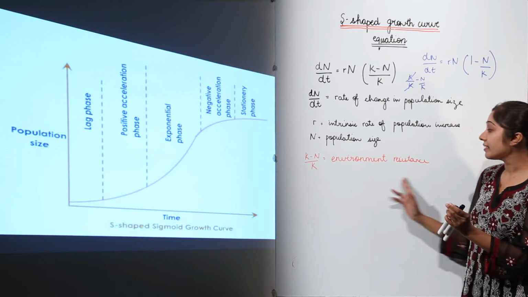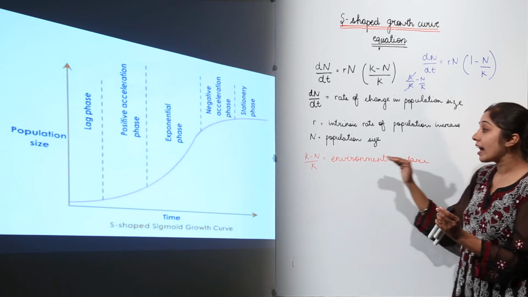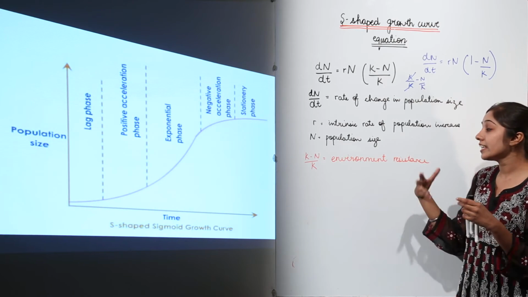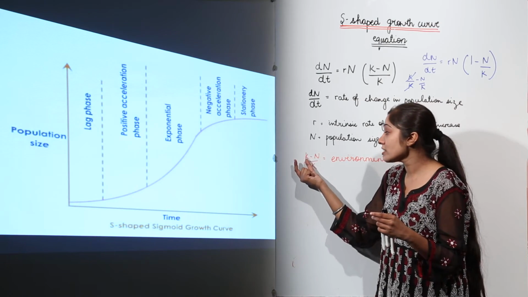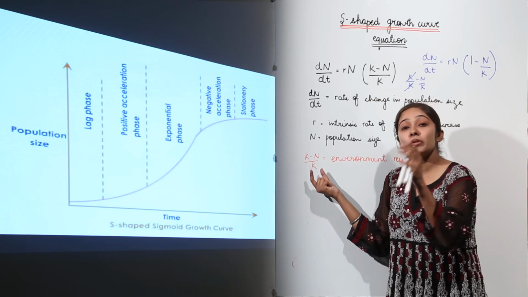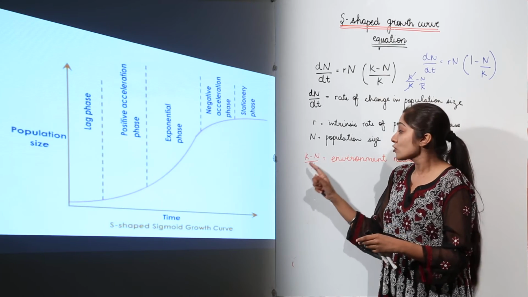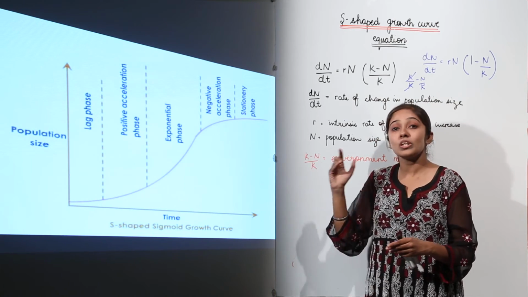That is determined by this environmental resistance, and we find it by subtracting the actual population size from the population size under ideal conditions.